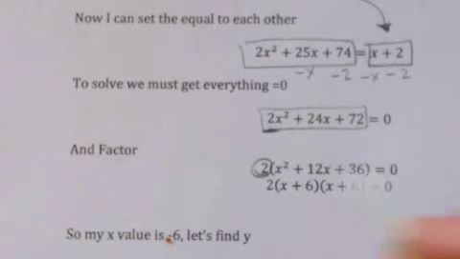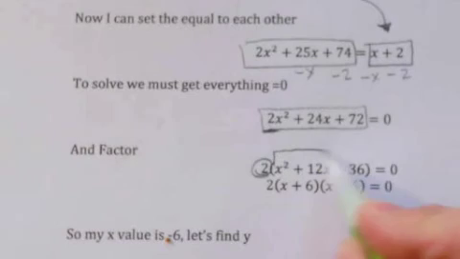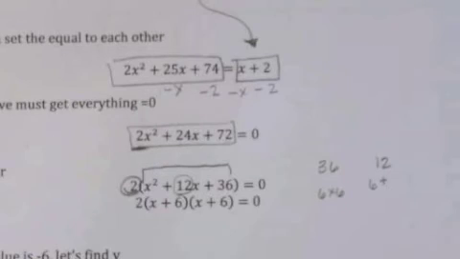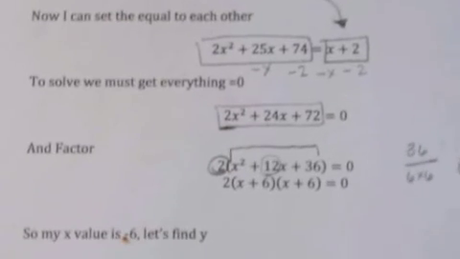And then the next step, I'm looking for factors of 36 that add up to give me 12. And what I notice is 6 times 6 is equal to 36, and 6 plus 6 is equal to 12. So that's how I want to break up the factors in my quadratic equation.